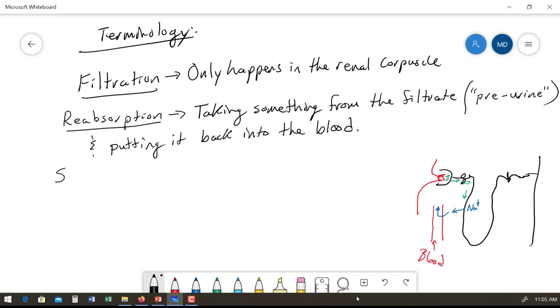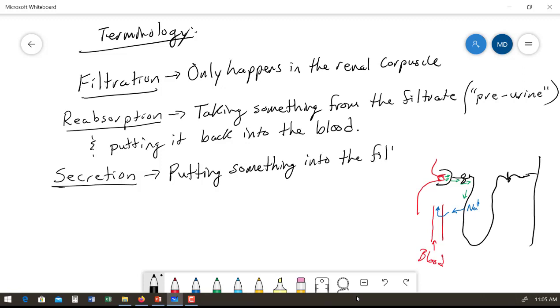Final word here is secretion. Secretion is the process of putting something into the filtrate from the blood. Now, this is not filtration.